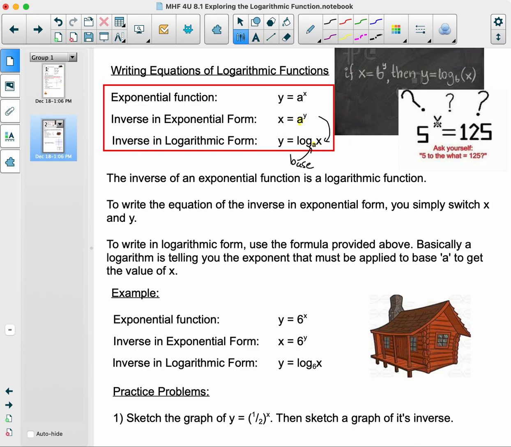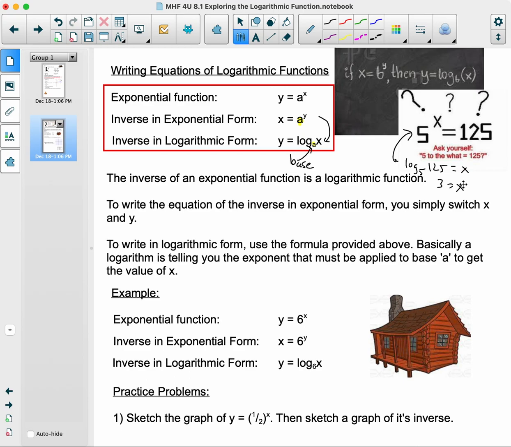So here, 5 to the power of x equals 125, and you know that that's 3. So that would also be the solution for something like, if we wrote it as log with a base of 5 of 125 equals x, right? These are equivalent statements, and I know that x would have to equal 3 here. So therefore, I know that this thing would equal 3.